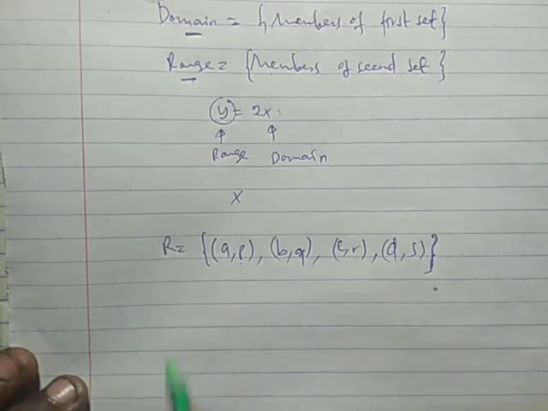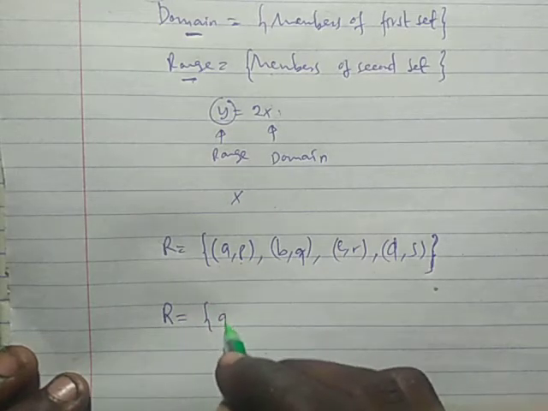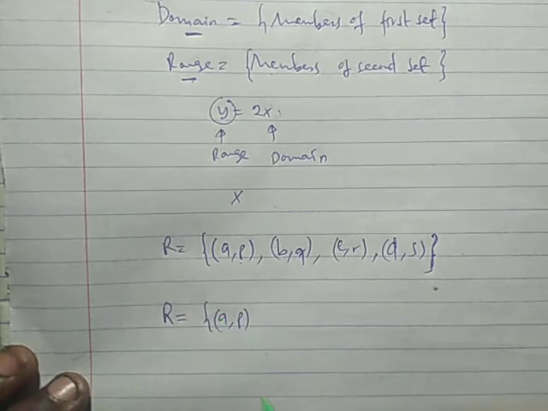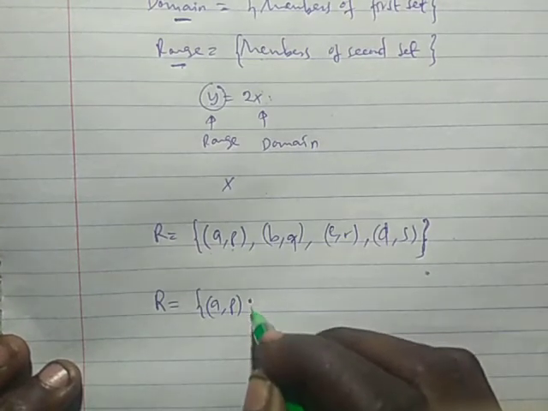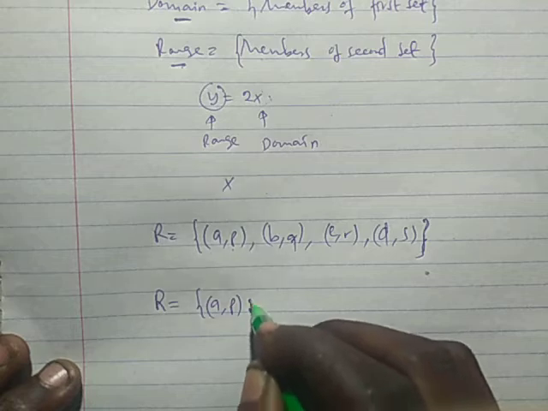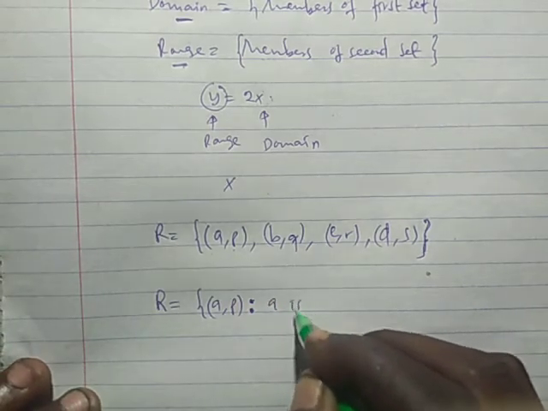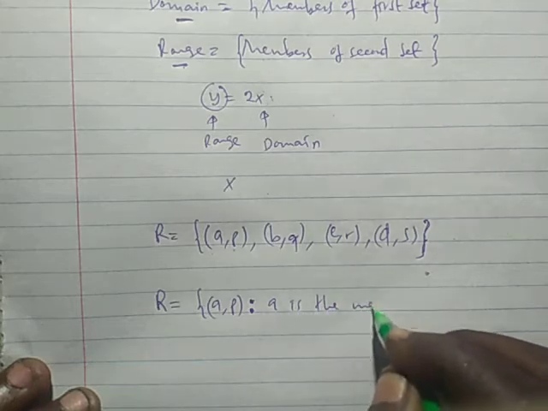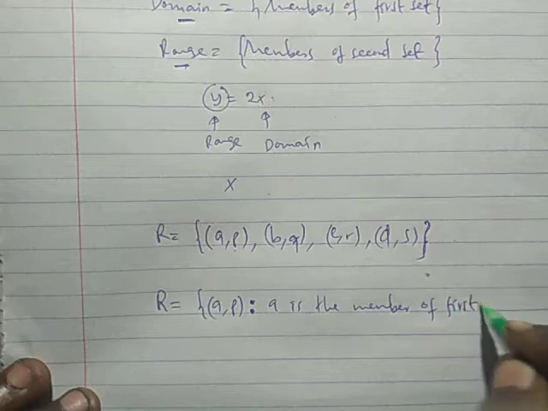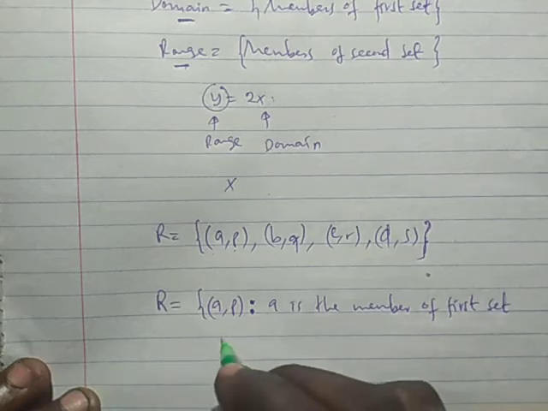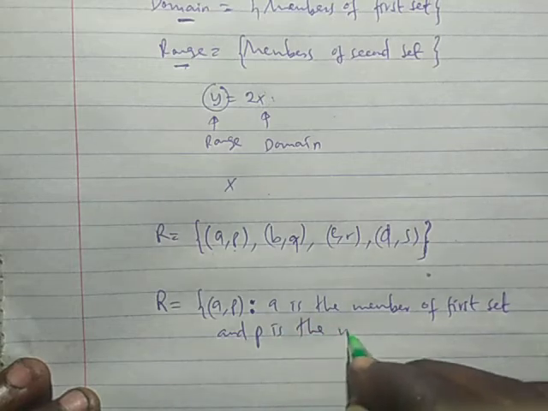So here we can say for any relation R will be is equal to set of ordered pairs A, P, whereby au such that, hii symbol ina maana such that au whereby A is the member of first set, and P is the member of second set.